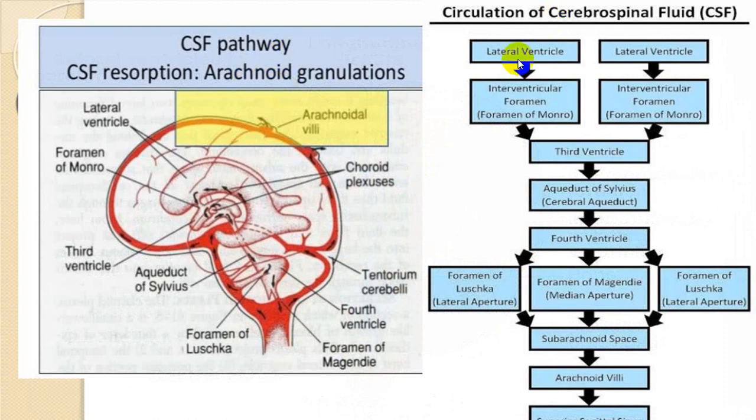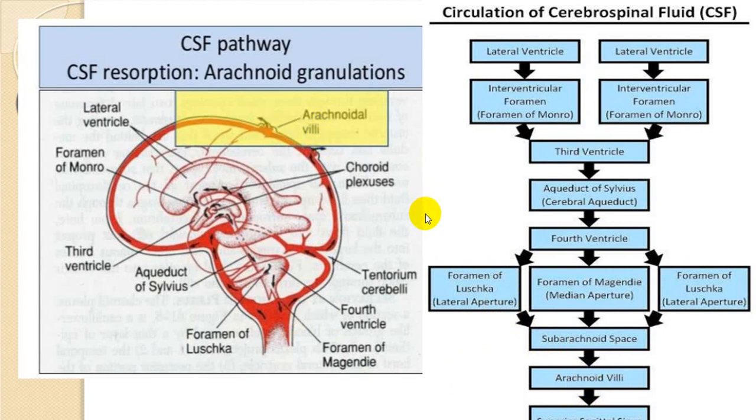So if we go through from the lateral ventricles via the foramen of Monro into the third ventricle, from the third ventricle via the aqueduct of Sylvius into the fourth ventricle, from the fourth ventricle the central opening called the foramen of Magendie into the subarachnoid space, as well as through the subarachnoid space it will be circulating surrounding the brain, and then by arachnoid villi it will be given back to the superior sagittal sinus, and from the lateral opening it will also go to the subarachnoid space and central canal of the spinal cord, and it will be absorbed back into the superior sagittal sinus through arachnoid villi.